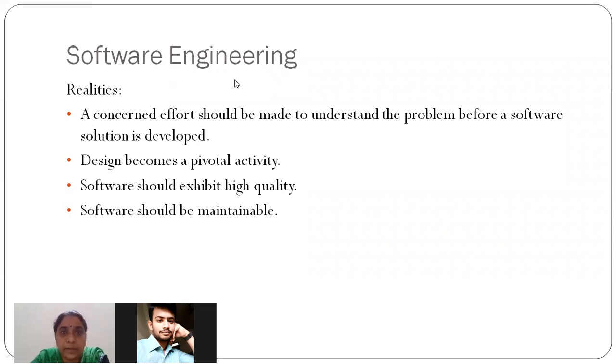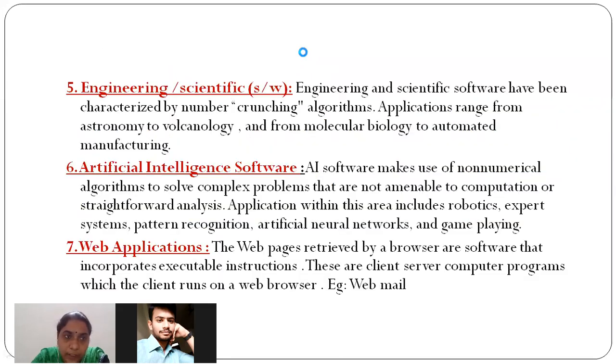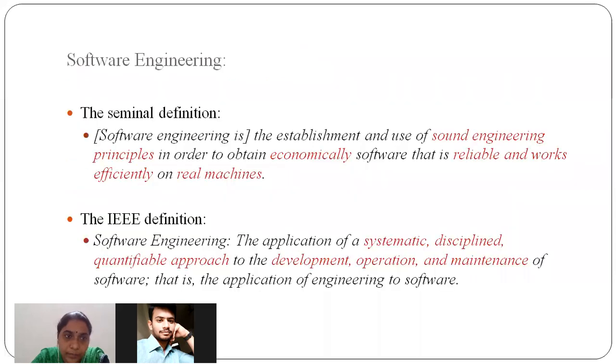Actually we need to start with the definition of software engineering. I already gave you the IEEE definition. We said that software engineering is nothing but developing your software using some engineering principles. In detail, it is the application of a systematic, disciplined, and quantifiable approach.